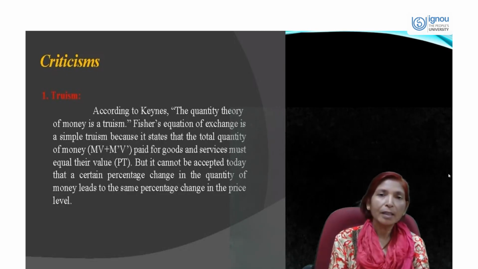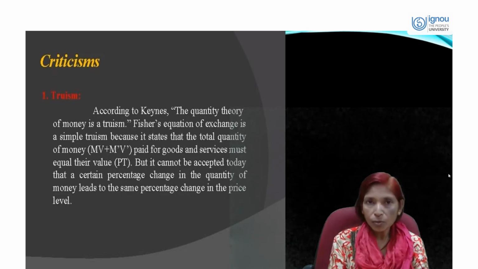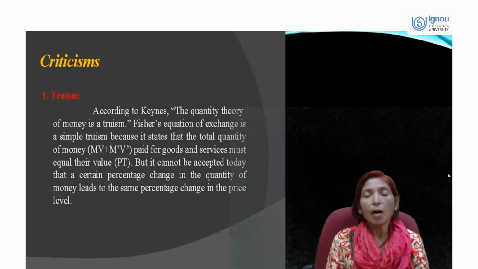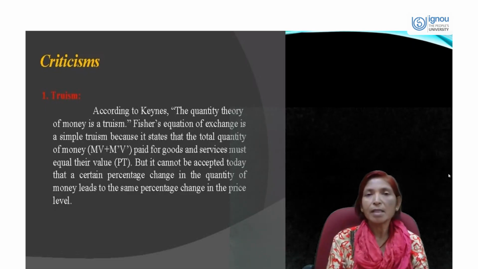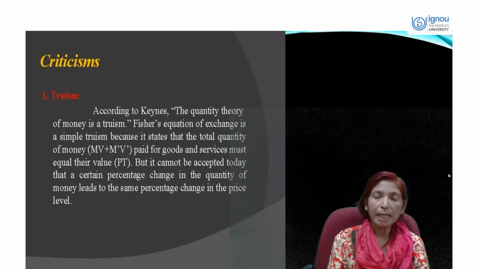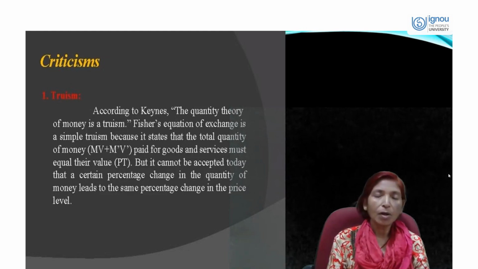So Fisher's theory, on its own ground, is very accurate, it's very true, because if we achieve full employment, then output, employment, and income will not change, only price will change. So if full employment exists in the economy, then whatever increase in money supply will directly or proportionately affect the price level. Money supply rises, price level will also rise. Money supply falls, then price level will also fall, by the same ratio or proportionately.